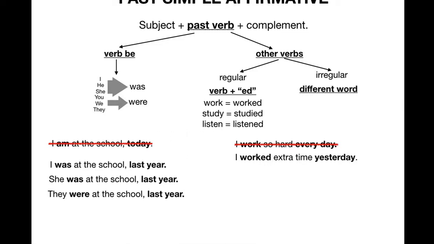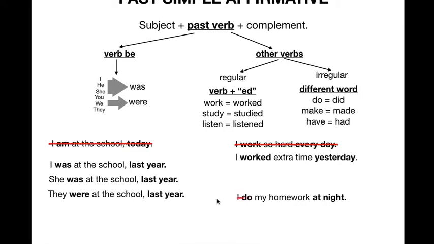In the case of irregular verbs, those are different words from the present verbs, so we have to memorize them. Do you remember? For example, do in past is did, make is made, have is had, think is thought, etc. For example, I do my homework at night.